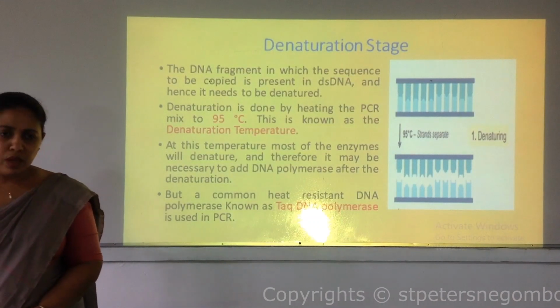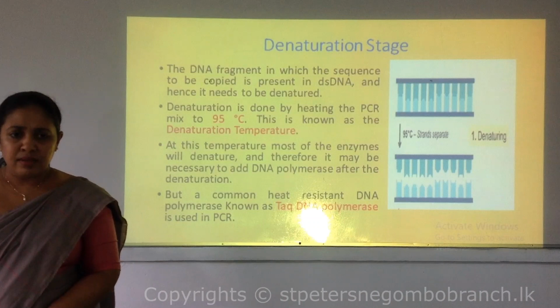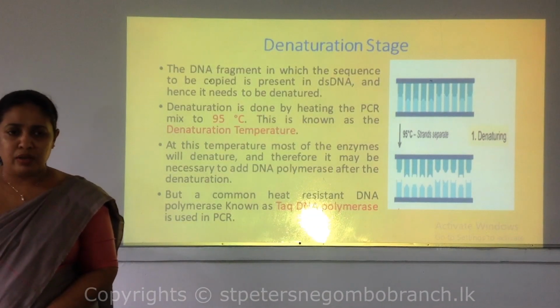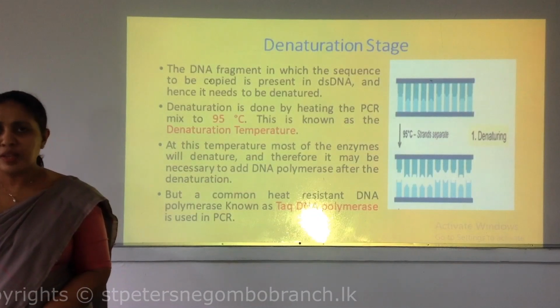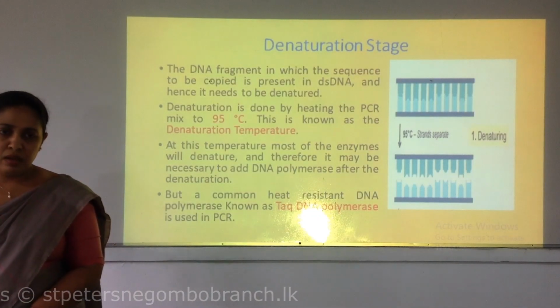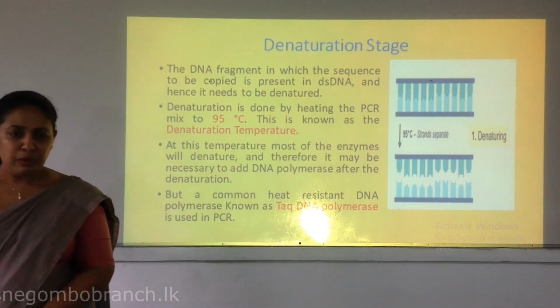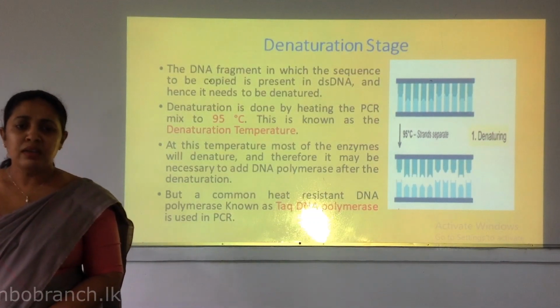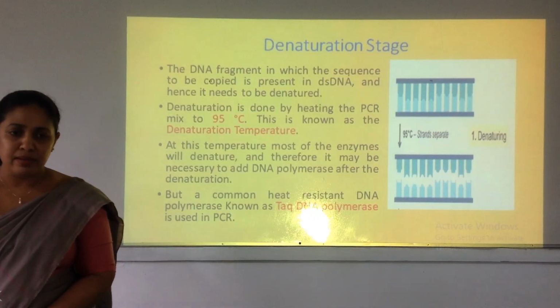So you may wonder how enzymes exist at this temperature. I told you it is not normal DNA polymerase, it is a type of DNA polymerase. So that DNA polymerase can work here, and that DNA polymerase is known as Taq DNA polymerase.